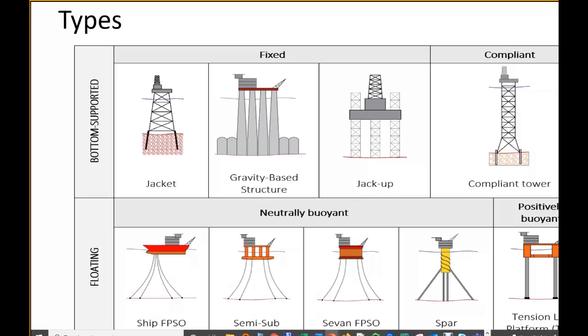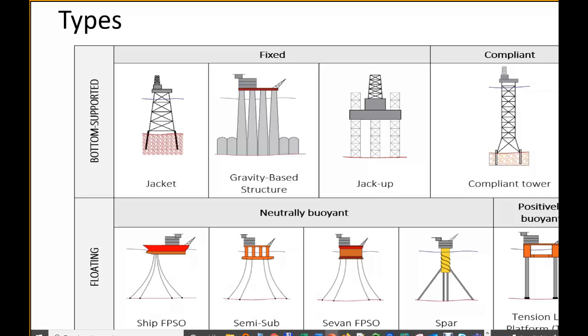But usually they are simply withstanding there by their own weight. This was the concept used for many years in the North Sea. Norway had a strong concrete industry, and they were manufacturing these structures for the oil and gas industry.